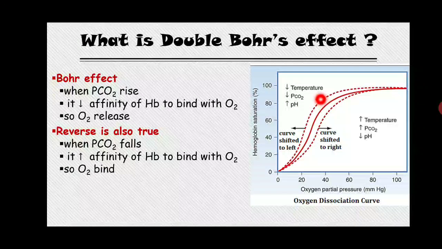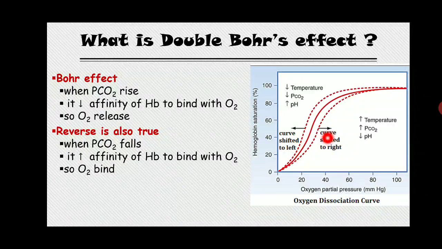The maternal blood will be exposed to more carbon dioxide from the fetal circulation, right? So once the maternal circulation is exposed to more carbon dioxide, the HbO2 curve of the maternal circulation will shift to the right side.